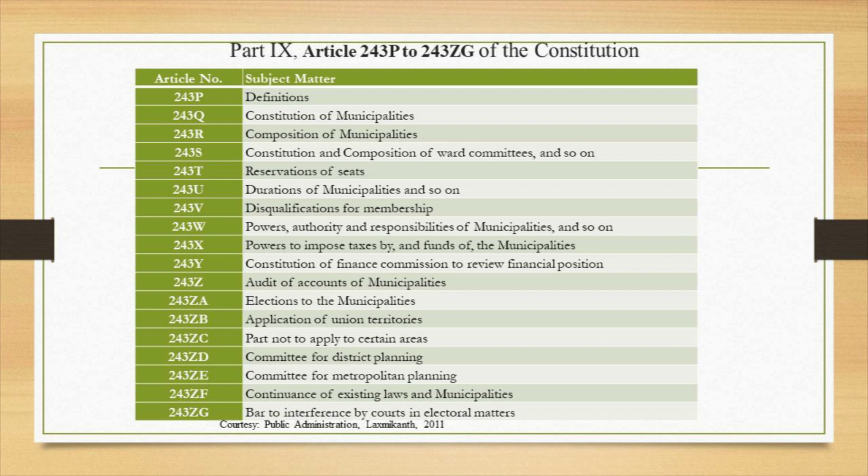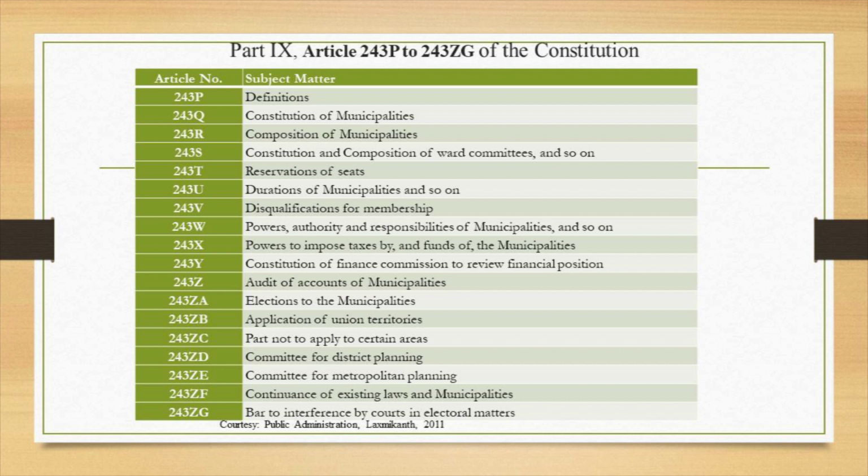Article 243ZF deals with the continuance of existing laws and municipalities. It says any provision of any law relating to municipalities shall continue to be in force until amended or repealed by a competent legislature or competent authority, or until the expiration of 1 year from such commencement, whichever is earlier. Article 243ZG deals with the bar to interference by courts in electoral matters.